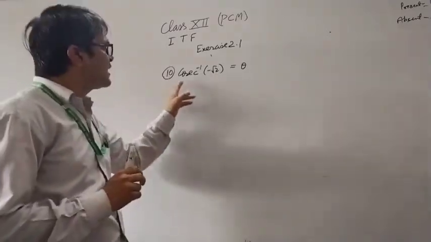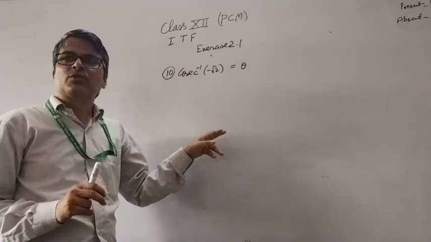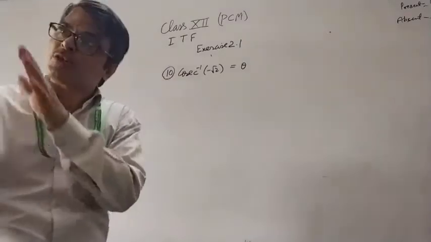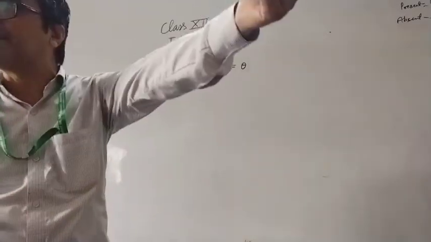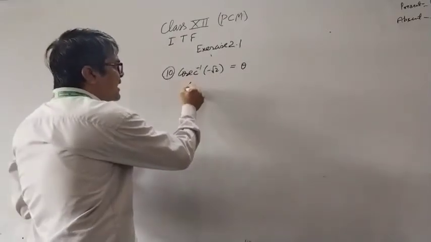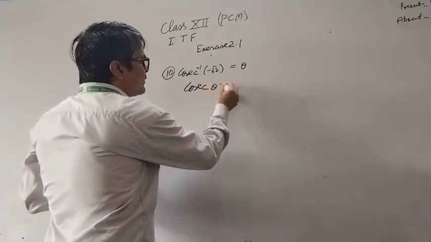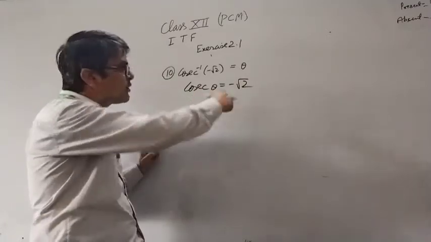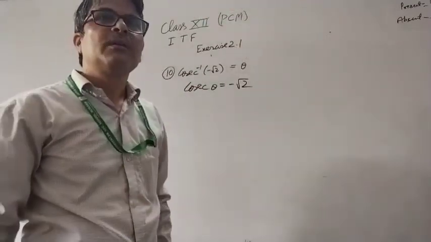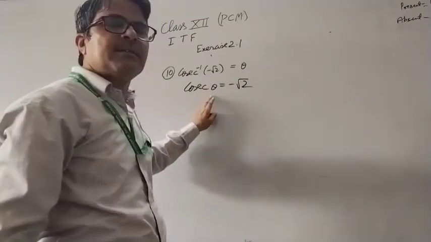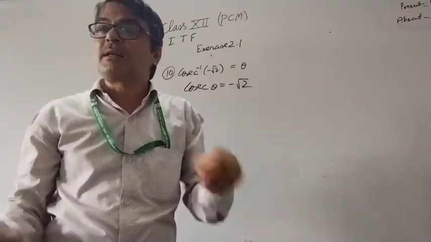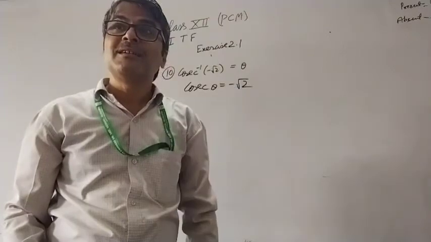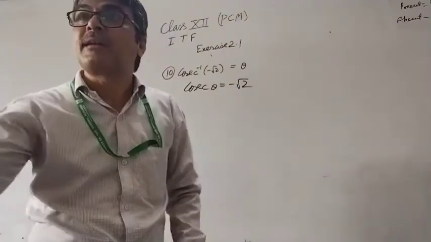Do not change the trigonometric ratio. Means it has been given cosec, so just retain yourself in cosec. Don't move to sine. So what is cosec theta? Minus root 2. Do not write it sin theta is equal to minus 1 upon root 2. Because here there will be nothing incorrect, but in case of tan and cot, the whole thing will be incorrect. Okay.